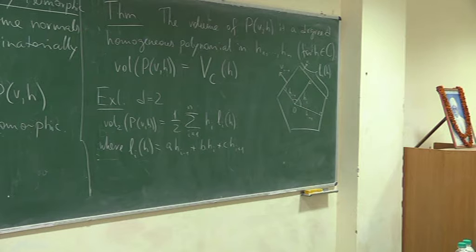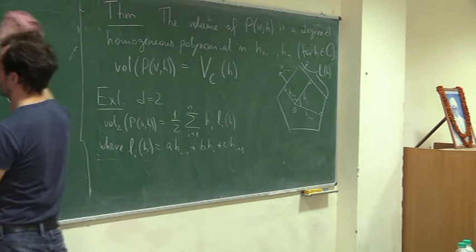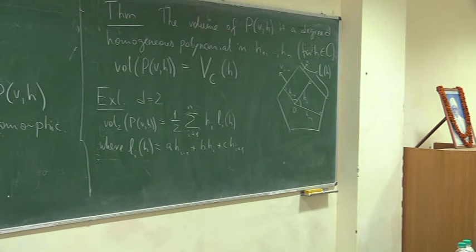If we have this theorem, then we can define the mixed volumes for strongly isomorphic polytopes directly.